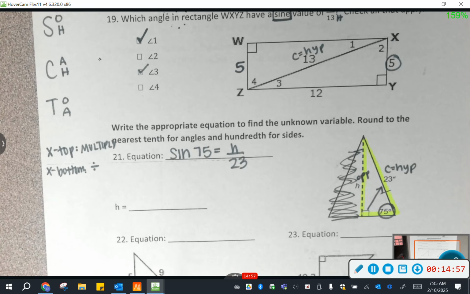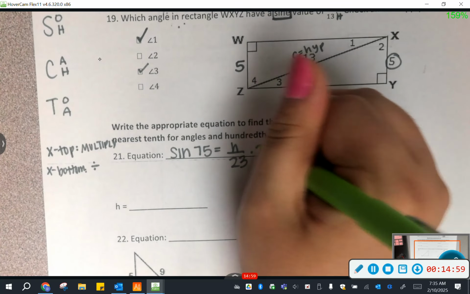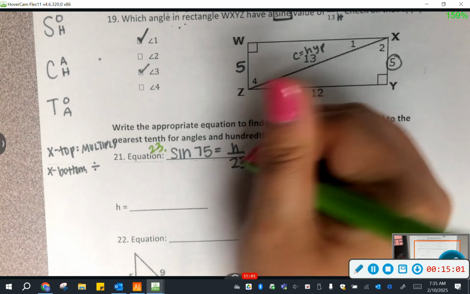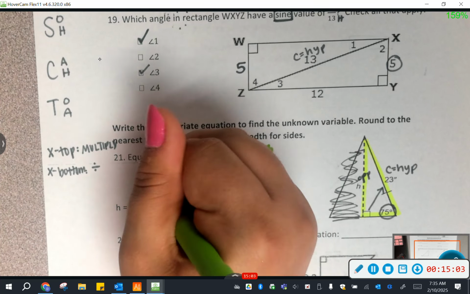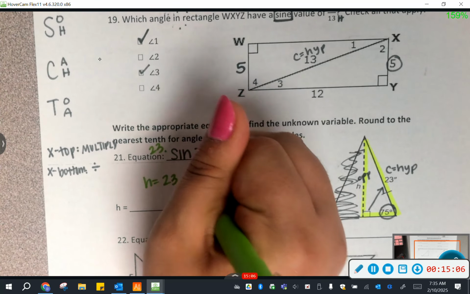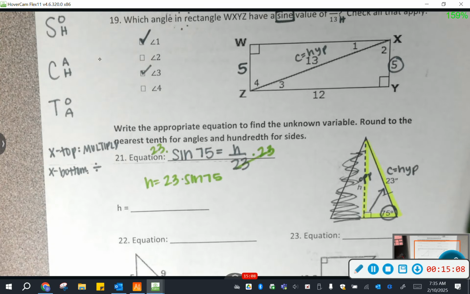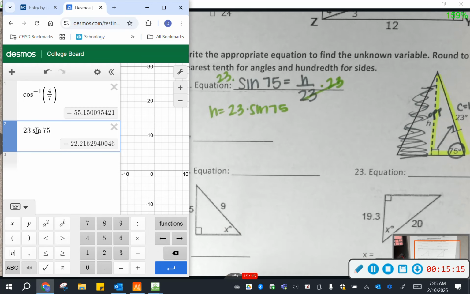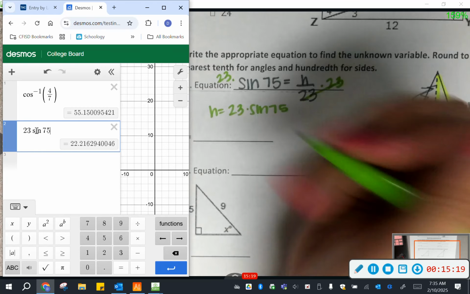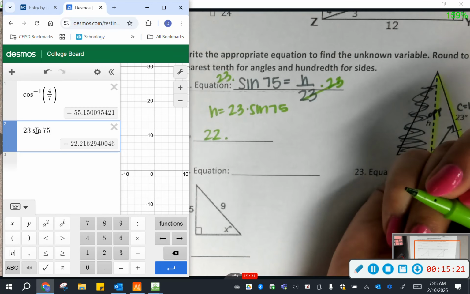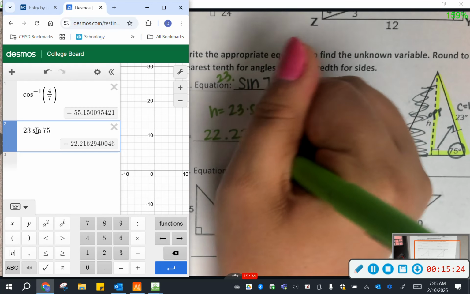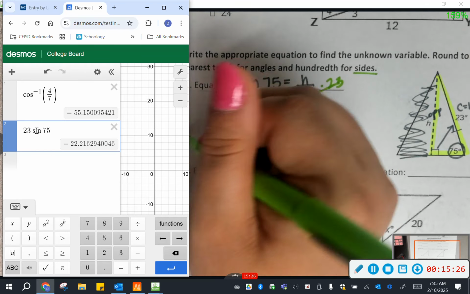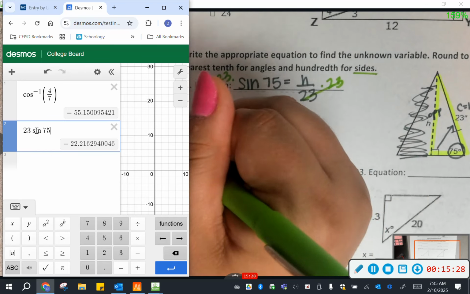So what am I going to do? Multiply by 23. And put that in the calculator. What is 23 times the sine of 75? What do I get as my answer here? 22.22, because it's a side, it wants the hundredths. 2 decimal places for this one.